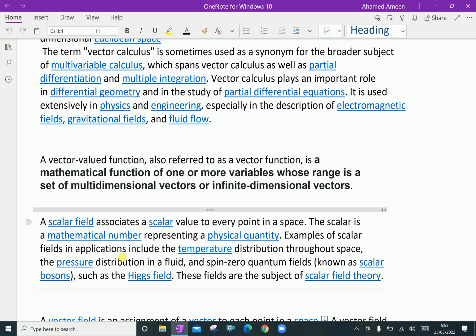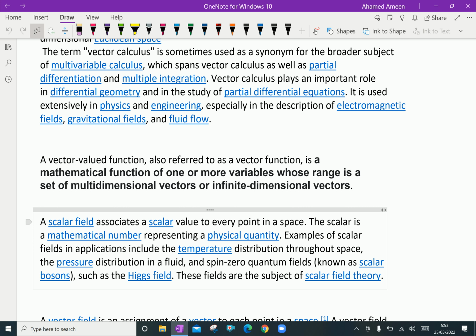We can write this, for example, some vector field a can be represented by a of t, the same as f of t.